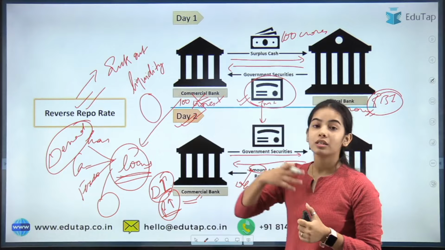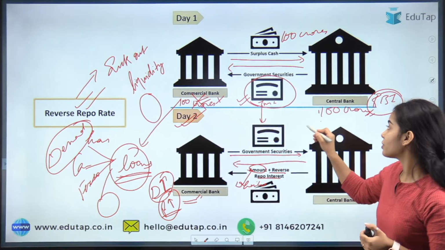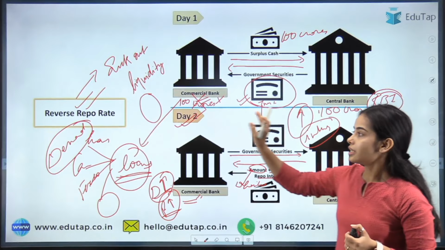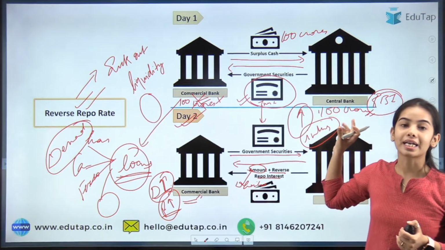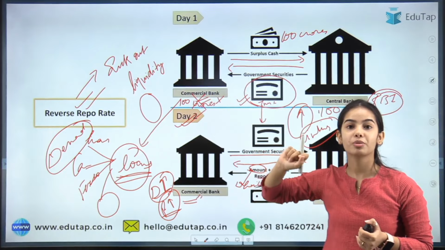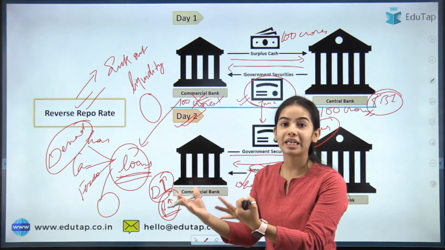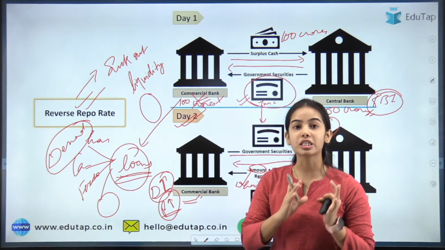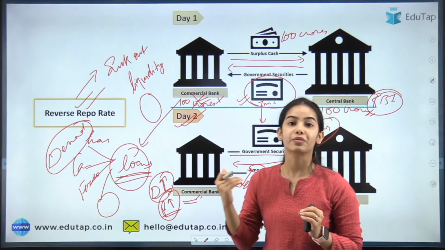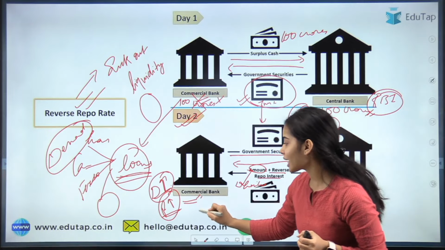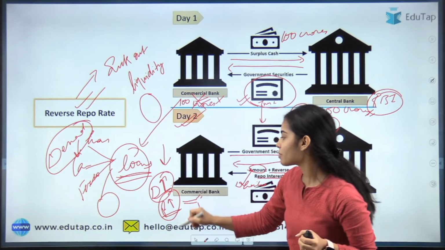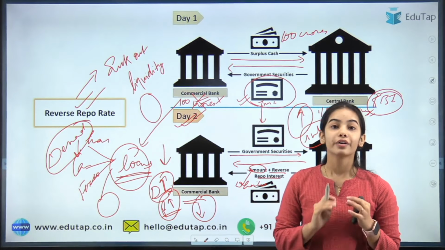And when the inflation is very high, the central bank increases the reverse repo rate, the interest that the central bank will give to the commercial banks, so that more and more money is deposited by the commercial banks with the central bank, and so the inflation can reduce, because when the loans reduce, the demand will reduce.